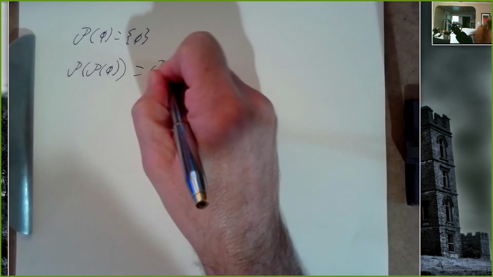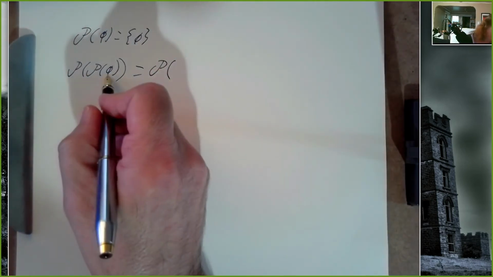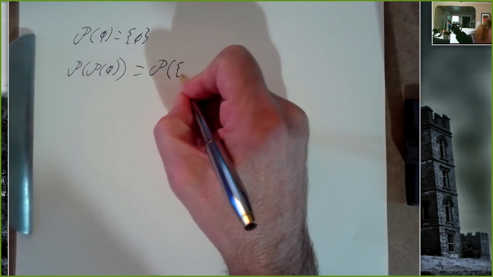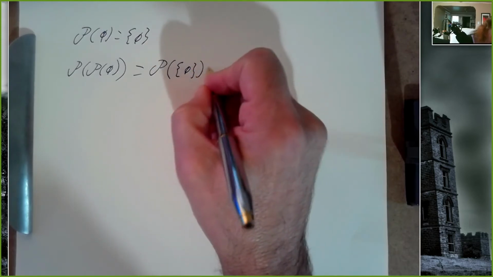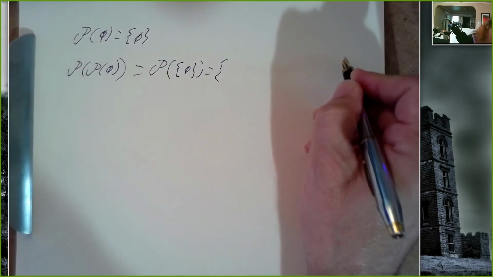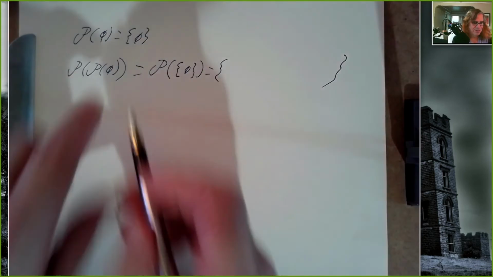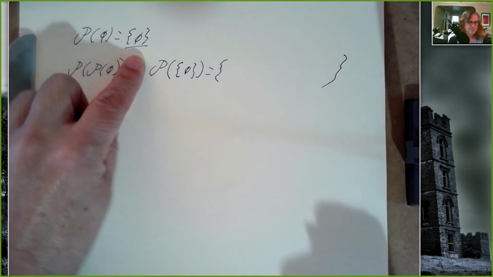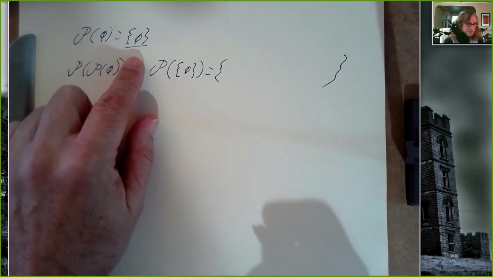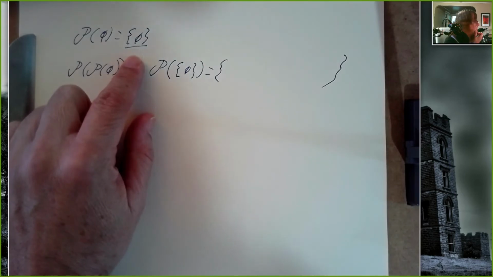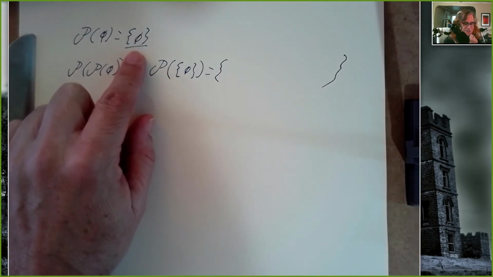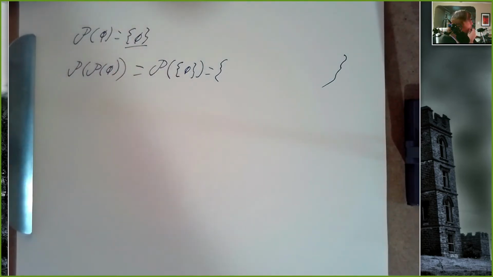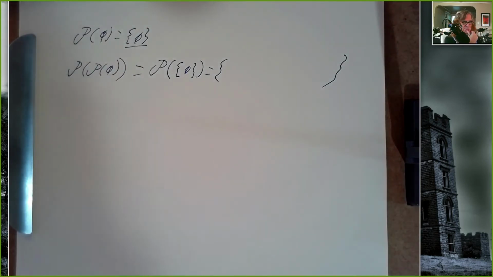Well, the power set of the empty set is this. So now we want to list all the subsets of this thing. So what are the subsets of that? And if you want to write it, you can use a 0 instead of the 0 with a slash through it. So what are some subsets of that?